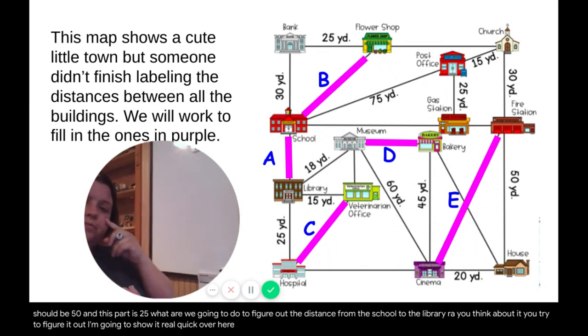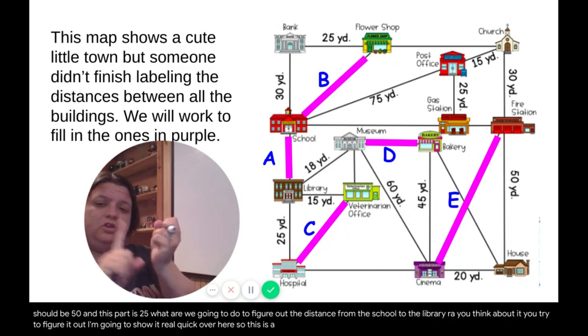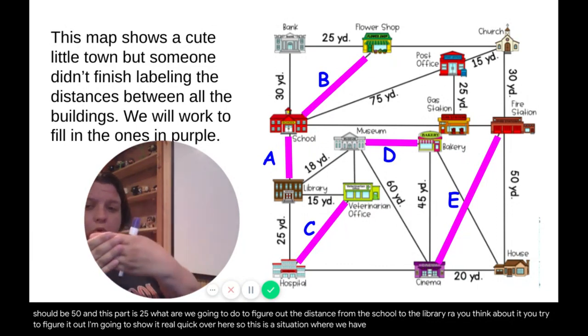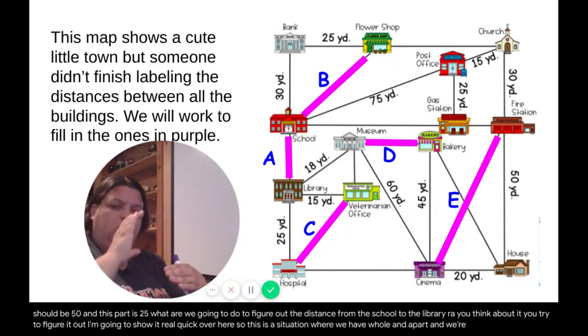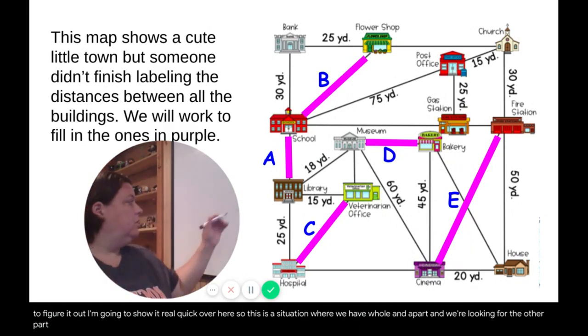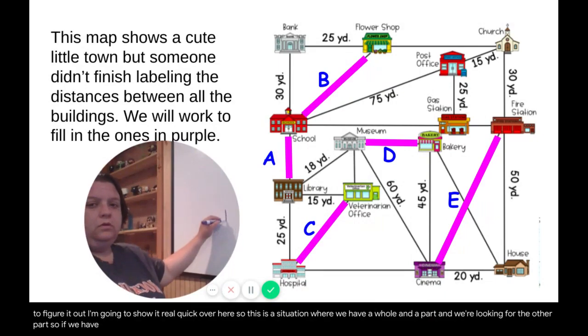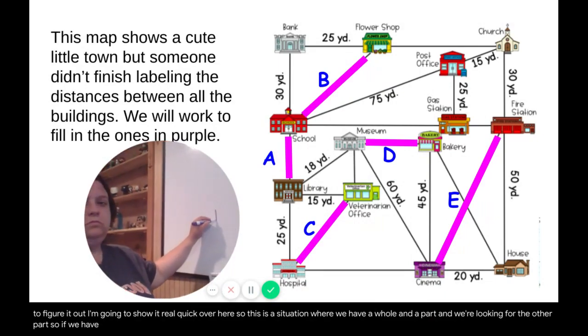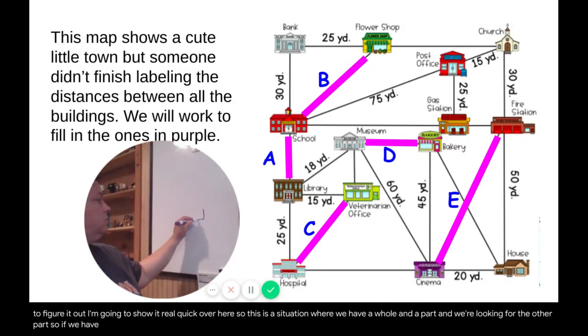Okay. So this is a situation where we have the whole and a part, and we're looking for the other part. So this represents our whole, which we know is 50.